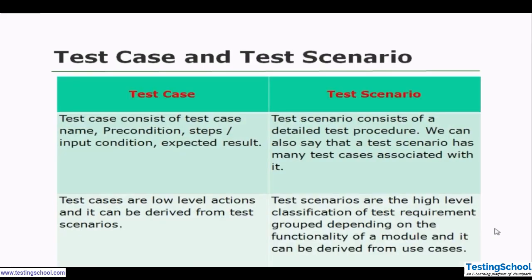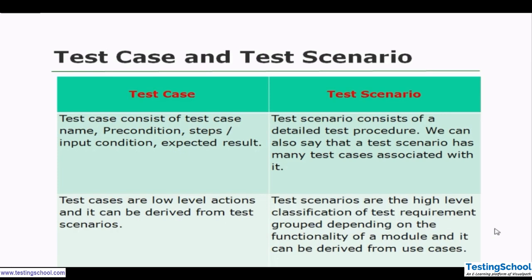So let's take the difference between a test case and a test scenario. A test case consists of a name, precondition, steps, input condition, and the expected result. But a test scenario consists of a detailed test procedure. We can also say that a test scenario has many test cases associated with it.